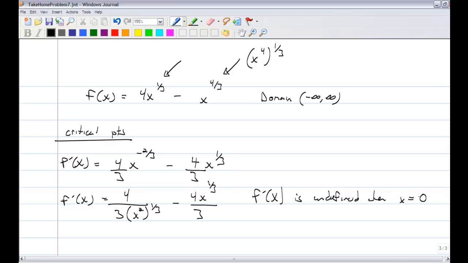F prime of x equals 0 when x equals, so we'll ask the 89 to solve this. Differentiate 4x to the 1/3 minus x to the 4/3.